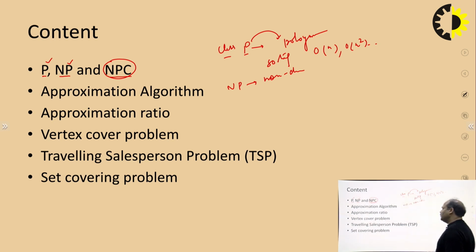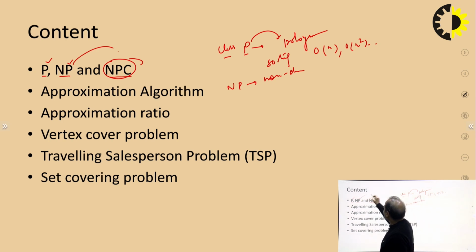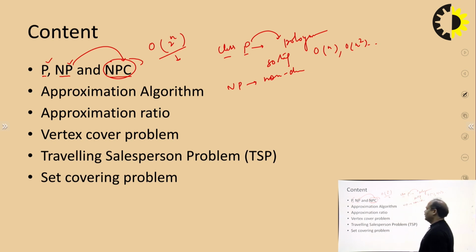That problem is in NP, and any other problem in NP cannot be harder than the problem itself. So these are the categories of problems. Of course, any NPC problem cannot be solved in polynomial time. They are solved in some exponential time, let's say 2 to the power n, and otherwise they cannot be solved in polynomial time.